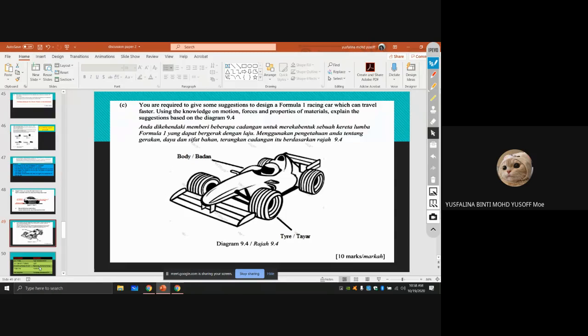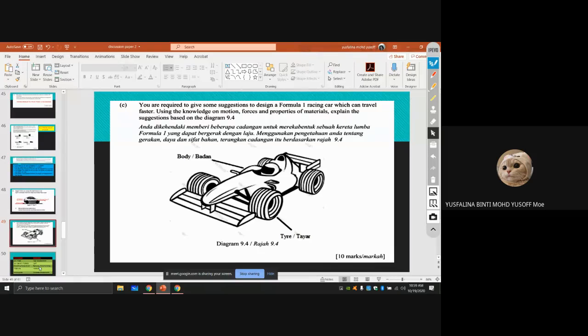Okay, when I mark, I will choose the correct ones. Even in SPM you can give more than 5. Let's say you have 10 characteristics, so give 10. Then the teachers will choose which one is correct, but make sure it's logical and can be explained through physics.